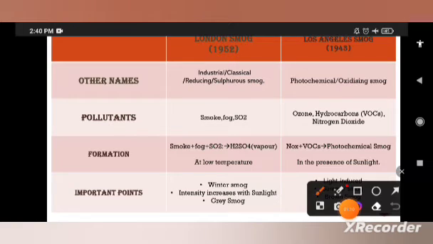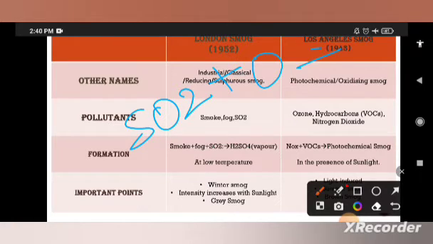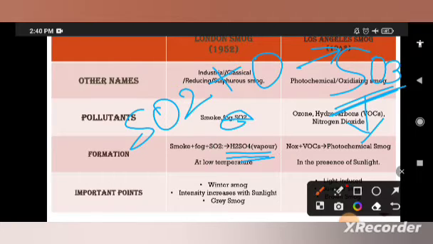So basically, in the formation of sulfurous smog, sulfur dioxide is oxidized to form sulfur trioxide, which is a secondary pollutant. And now this sulfur trioxide combines with water droplets which are present in the fog to form sulfuric acid.